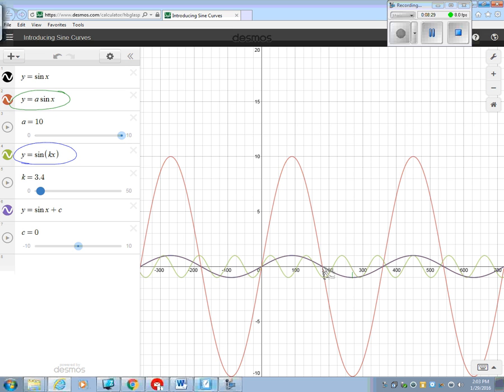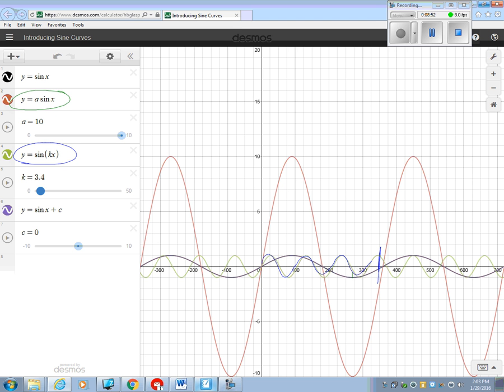By the time I get to 360, I don't have one cycle, I have 1, 2, 3, more than 3. The bigger k got, the more cycles I had. In other words, my graph is getting horizontally compressed. I can fit more cycles into a smaller area.